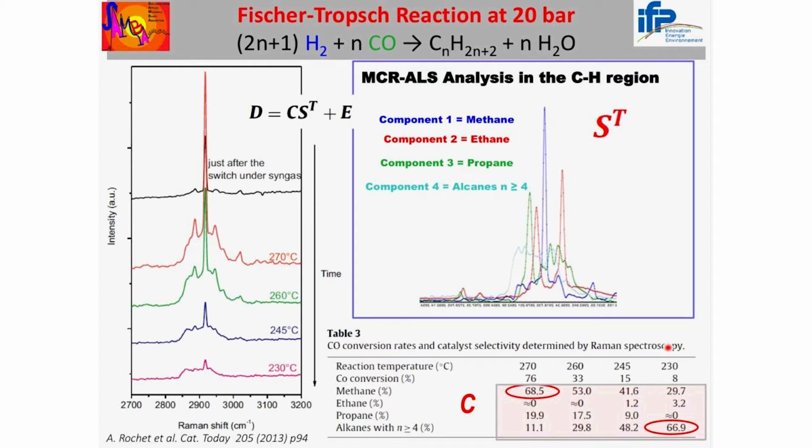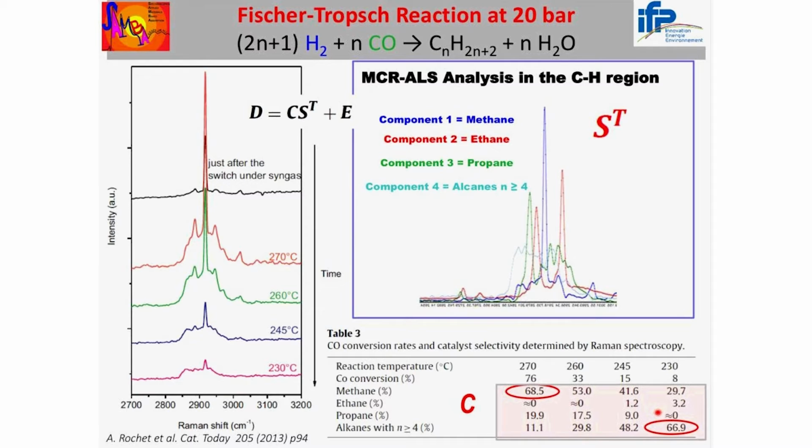That means that despite the fact that this catalyst is less active, it is more selective towards the formation of the products of interest for the Fischer-Tropsch reaction, that means towards the formation of long chain products. So that's for the results gained by Raman dealing with the catalytic activity and the selectivity of the catalyst at the different temperatures.